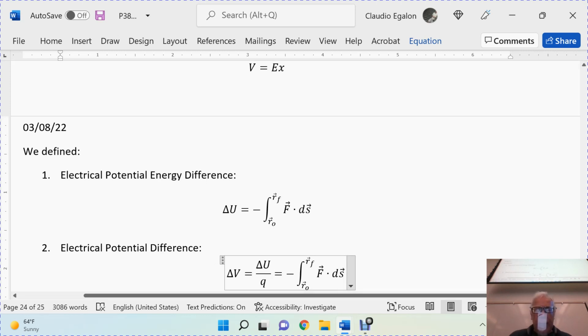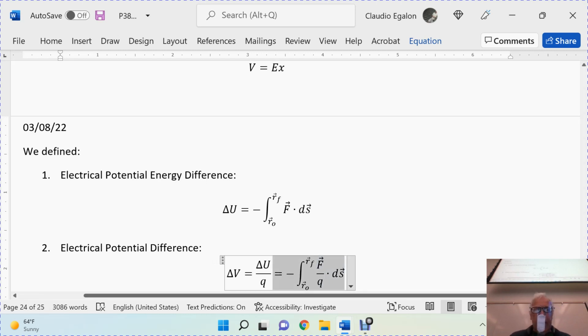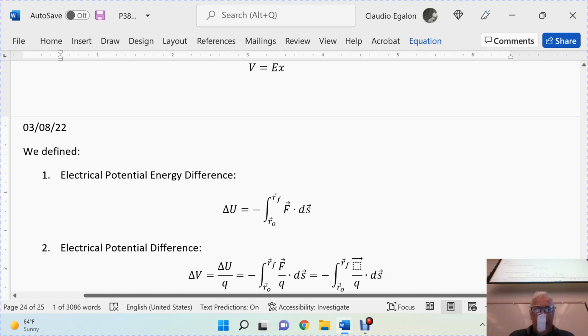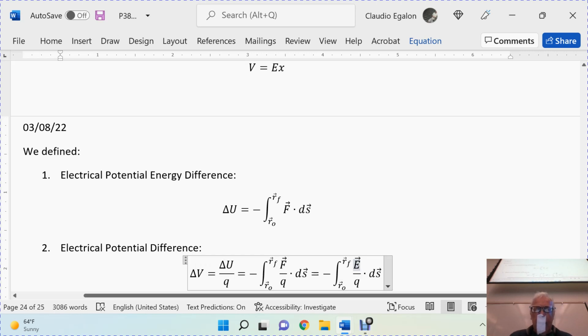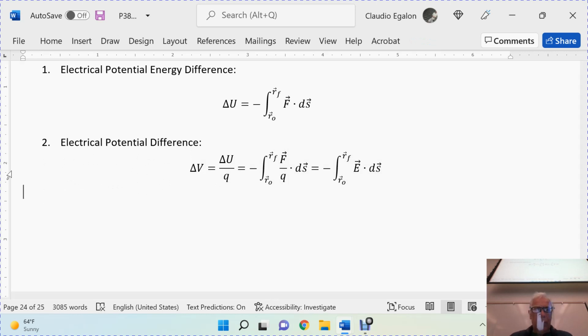When we divide delta U by Q, the force is also going to be divided by Q. And the definition for electric potential difference becomes the path integral of the electric field. So that's how we defined the electric potential.